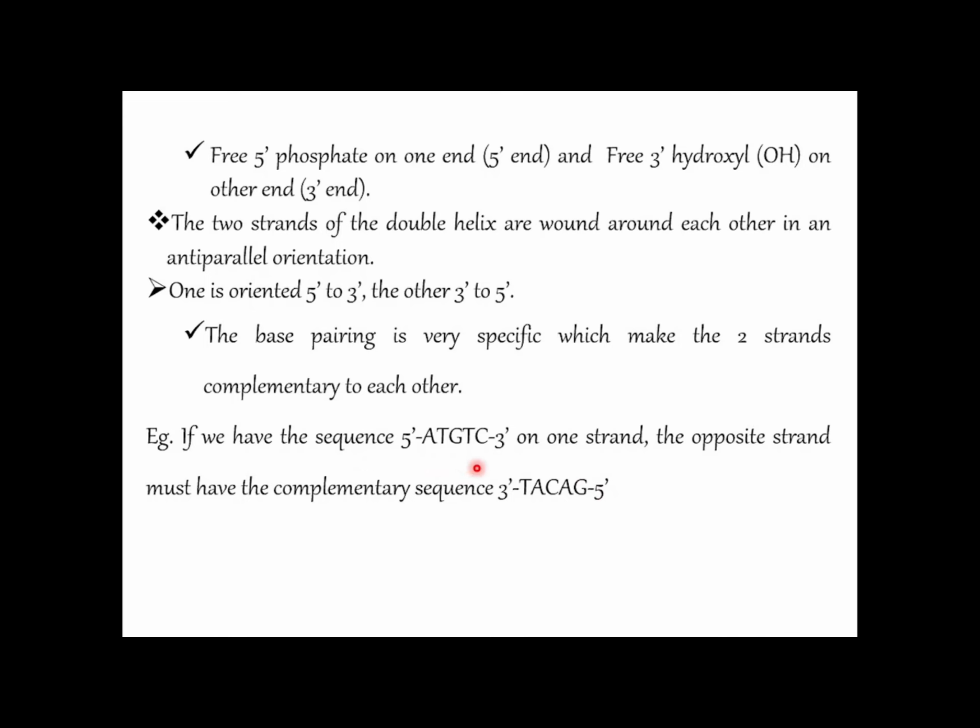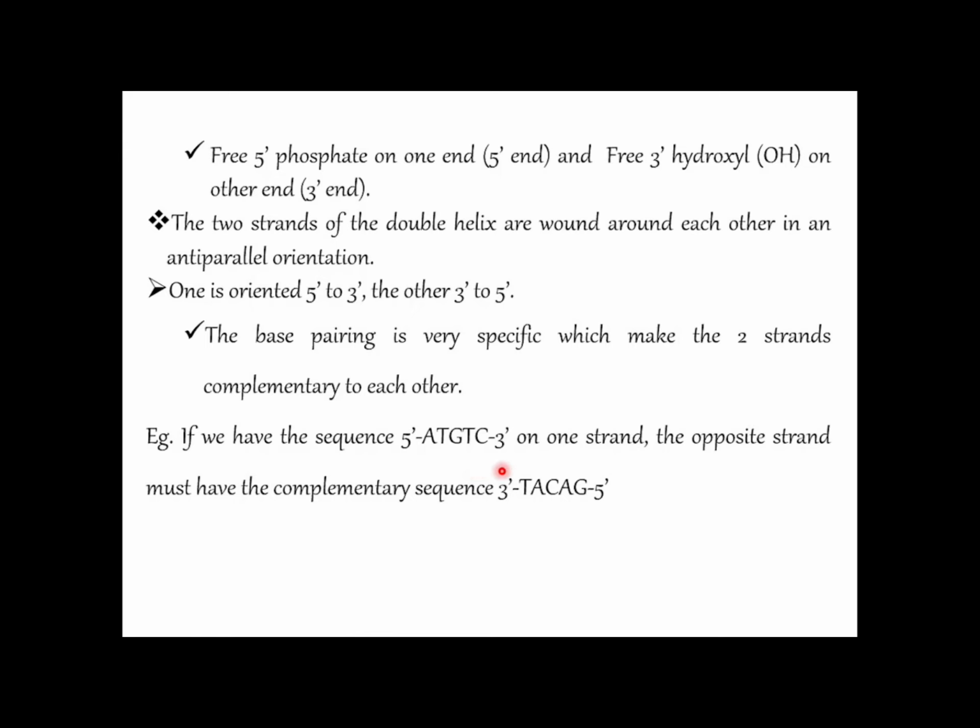Mind you, they are complementary. There is what we call complementarity. Adenine always pairs with thymine, guanine always pairs with cytosine. Their pairing is very specific. When I say complementarity, that is the pairing.